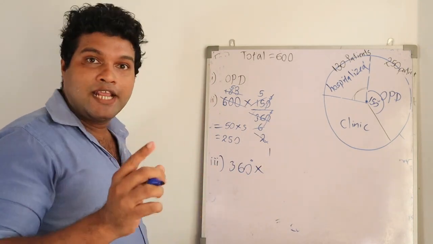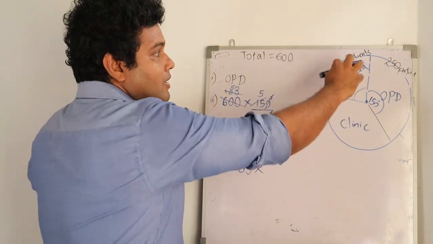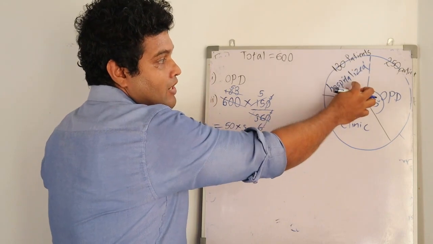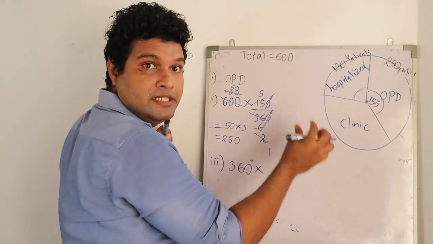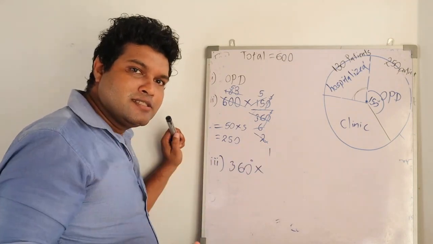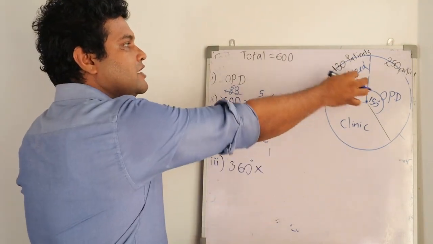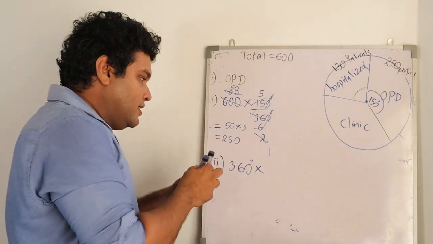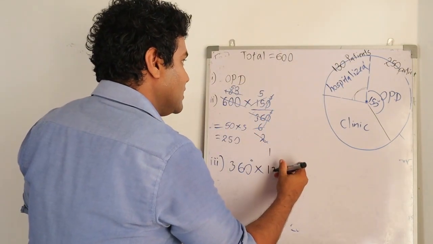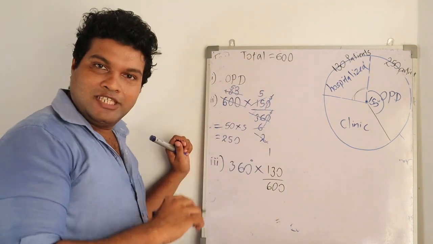This time, because the total number of patients is known, the number of patients in the relevant sector is 130 and the total is 600. Can you build up a fraction? Yes. What's the fraction denoted for the hospitalized patients? 130 over 600. This is the fraction.